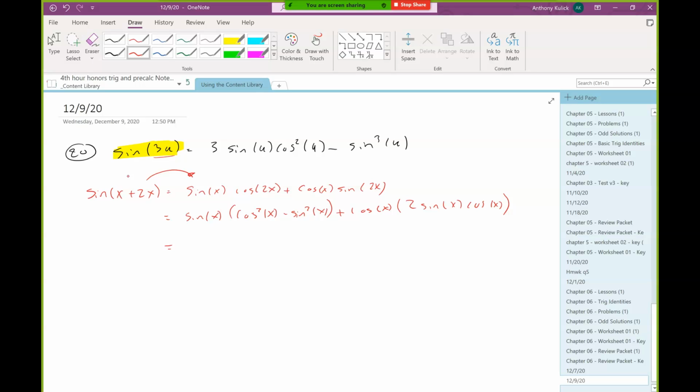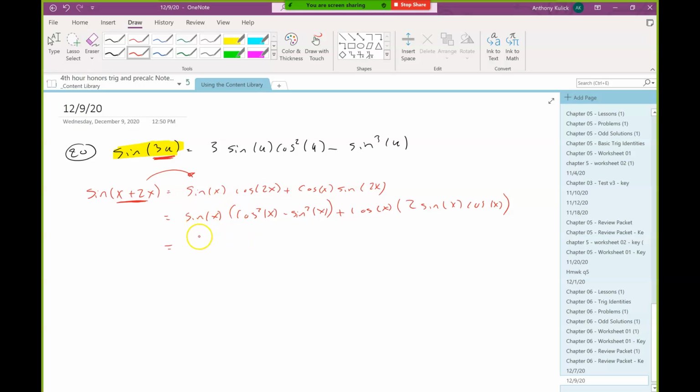See how I have sine of 3u here? I just wrote it as u plus 2u. I switched from u's to x's accidentally, just out of habit. I didn't mean to do that, but I'm too far along to bother to change it now. Okay, I think I get it. All right. Okay.